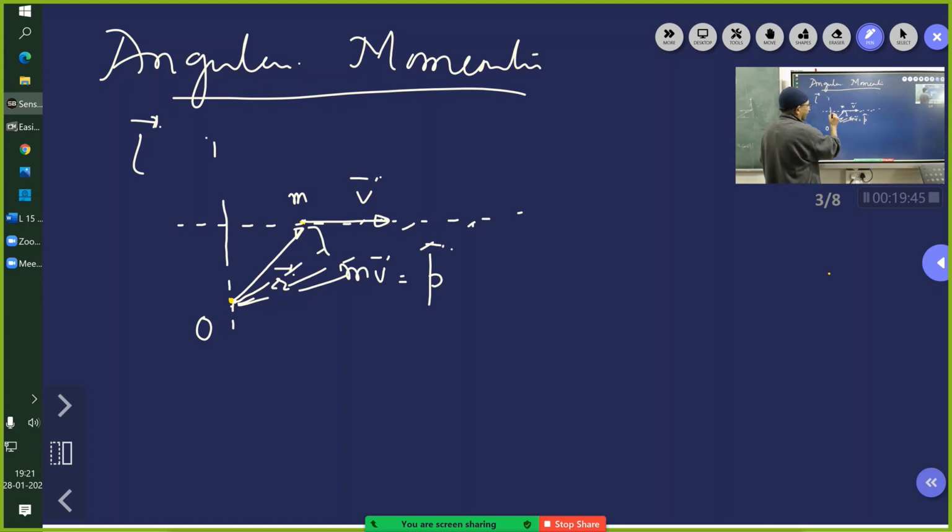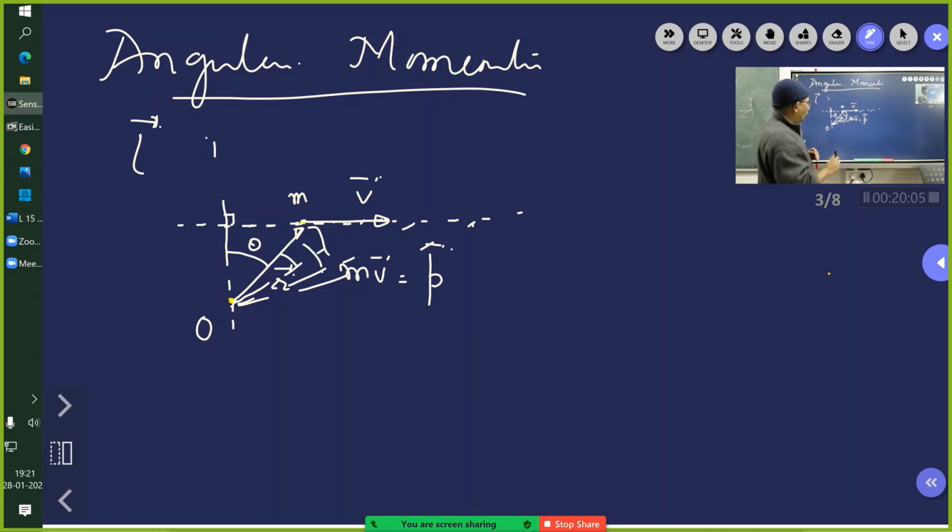You can see that this dotted line is passing through the line of action, and it is perpendicular to another line which is passing through O. And as you can see, this angle theta keeps on changing.